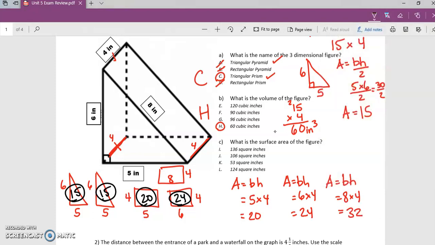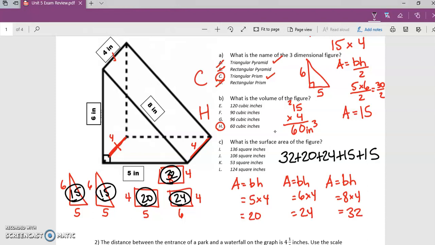So this last rectangle's area is 32. So now we can say, okay, what's 32 plus 20 plus 24 plus 15 plus 15?